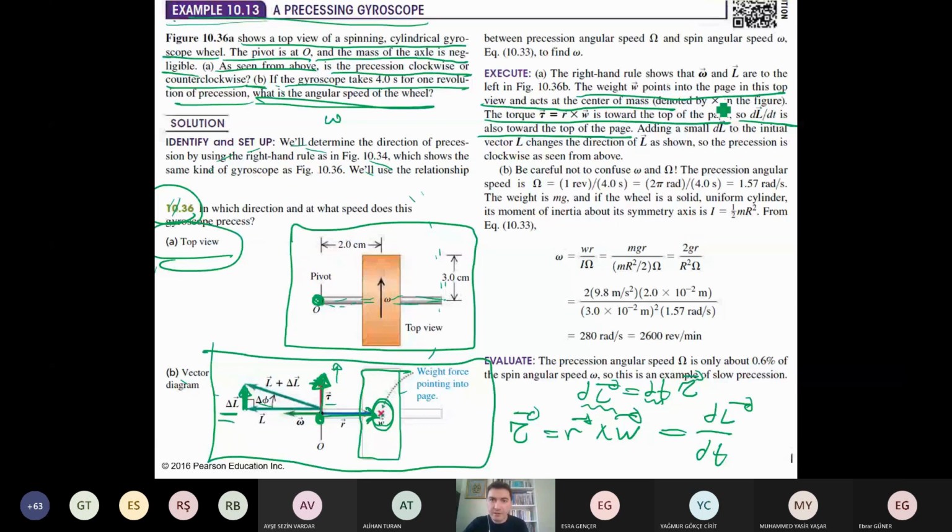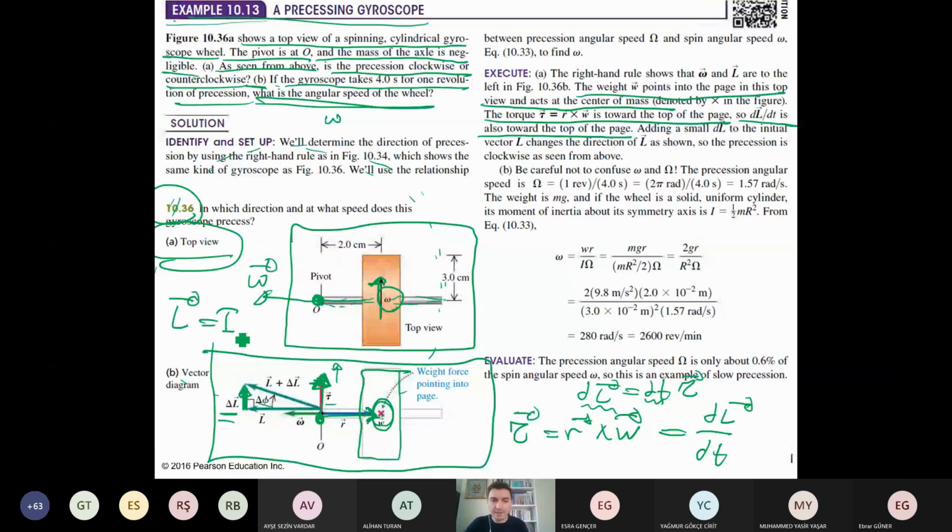Then what about the rotation of the flywheel? This is the direction of the rotation with some certain omega. If you apply the right-hand rule, your four fingers will show the direction of the rotation, and then you will have the direction of the angular speed, and you will also get the direction of the angular momentum. They will be along the same direction.